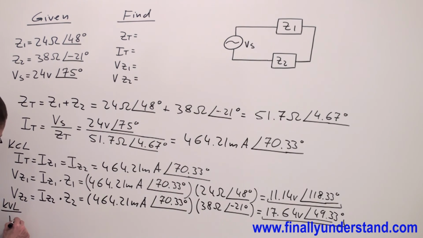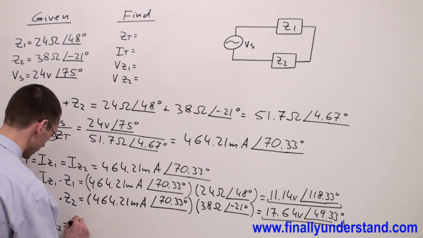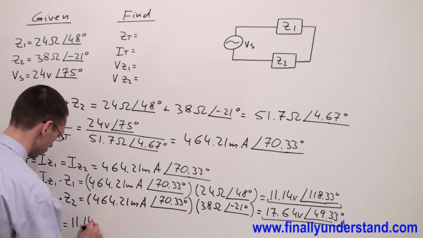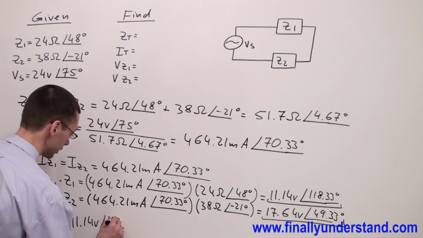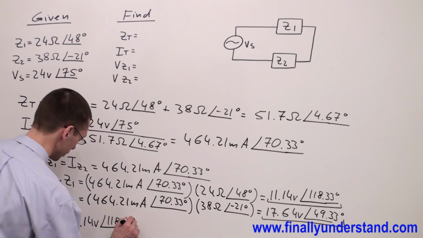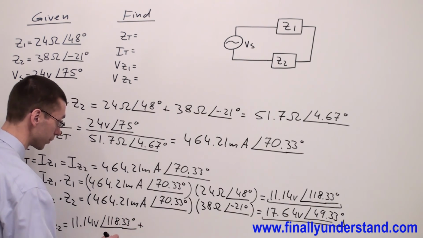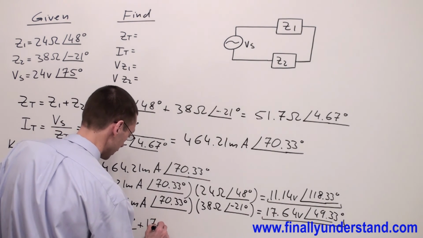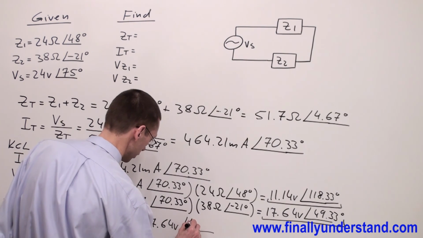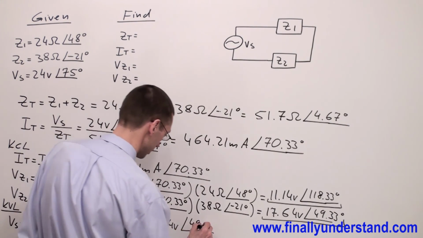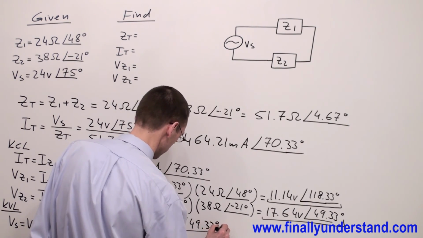So we have the voltage source is equal to VZ1 plus VZ2, where VZ1 we found is equal to 11.14 volts and angle of 118.33 degrees plus 17.64 volts and angle of 49.33 degrees.